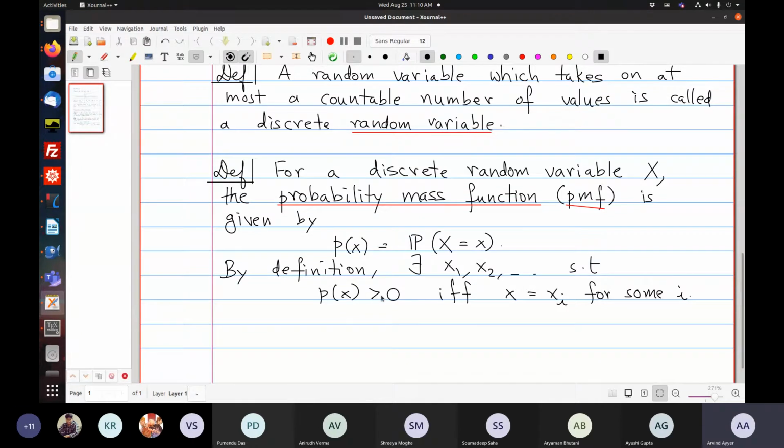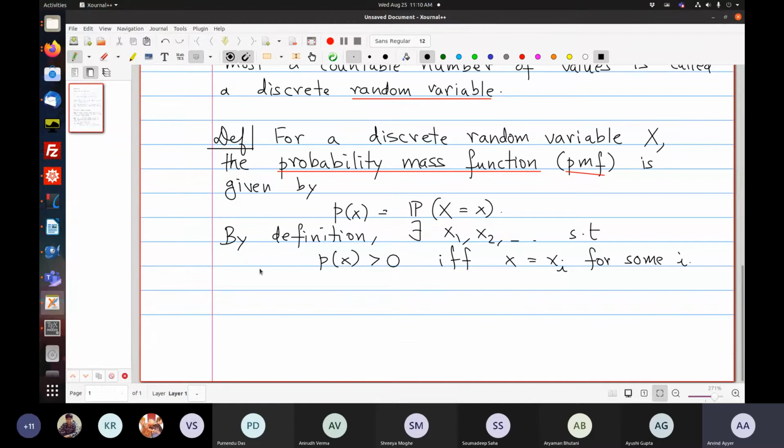For example, when we talked about tossing two coins and Y being the number of heads, we said that the mass of Y lives at 0, 1 and 2. This analogy will be strengthened very soon, towards the end of this class. Because of this property, we have that the sum from i equals 1 to infinity of p(xi) is equal to 1. Right?